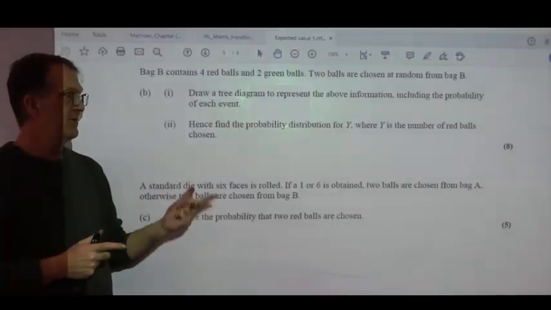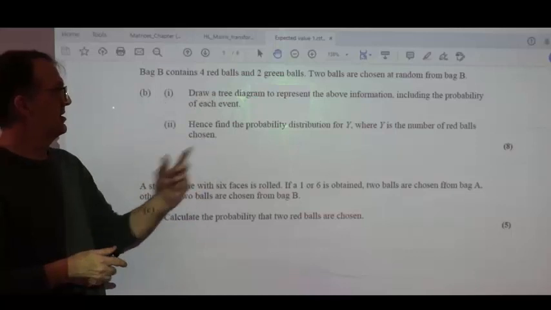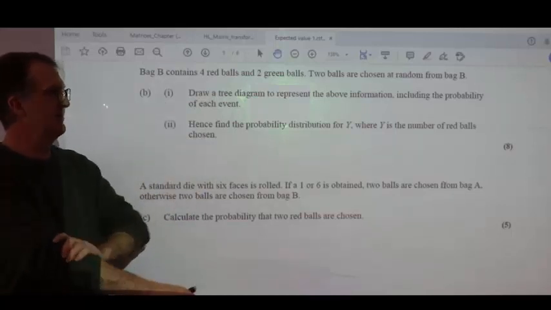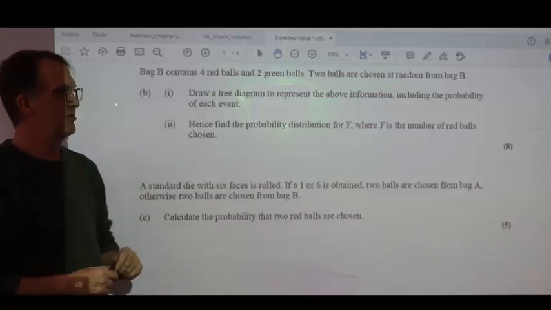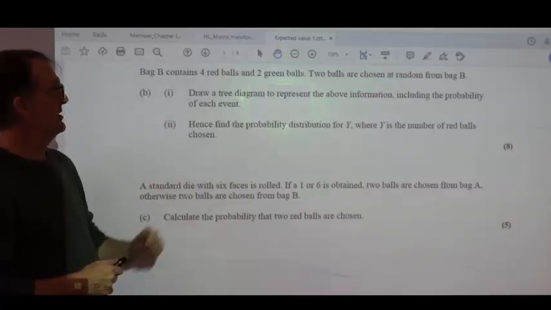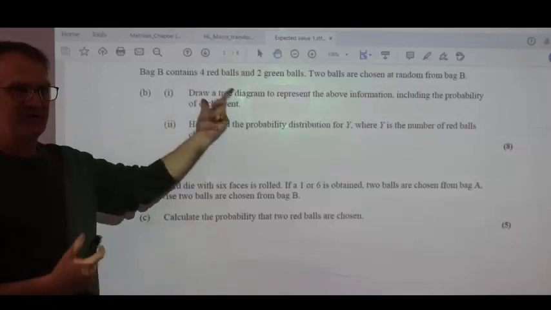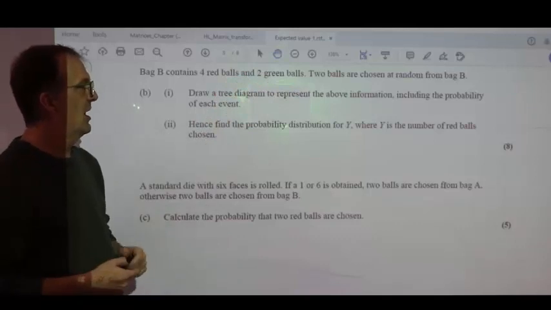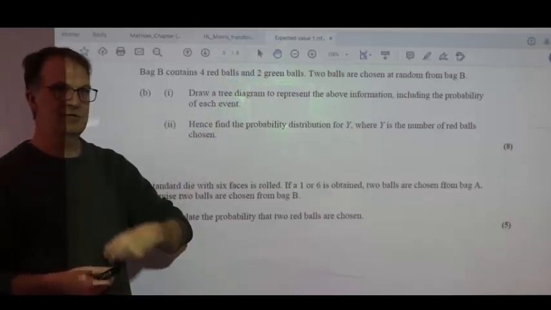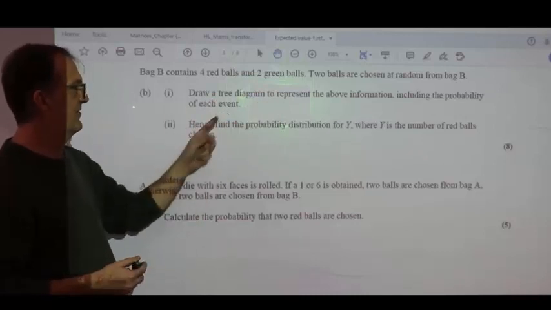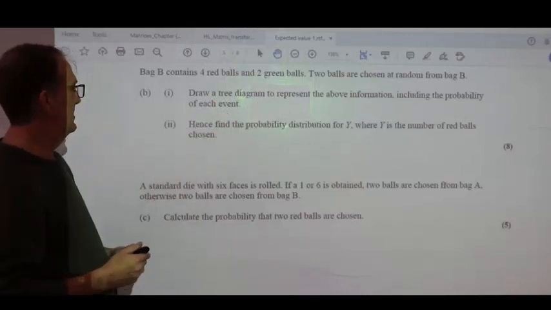I just want to go over this second part, B, to give you a bit of explanation of what you're supposed to do and how you will figure out the probability distribution. So now we're saying that there's a second bag that has 4 red and 2 green, and 2 balls again are chosen at random, and I want you to draw a tree diagram to represent the information and the probability.